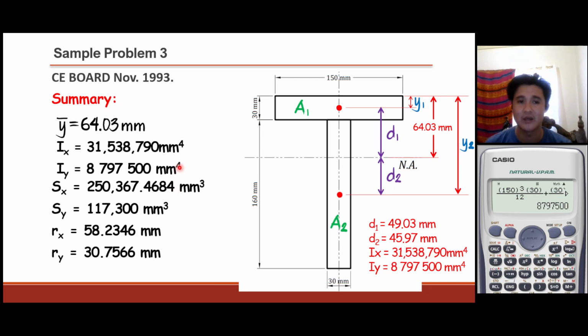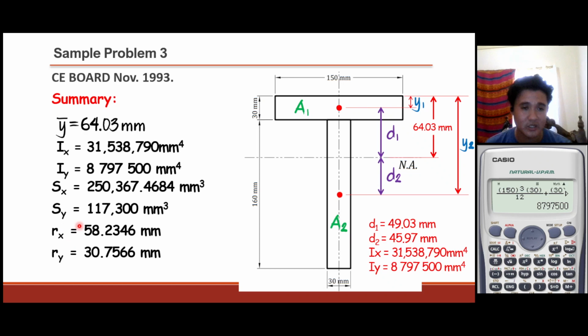So, as a summary, sa mga nakuha nating values. So, yung y bar natin or yung centroid natin, that is 64.03 millimeters. So, yung moment of inertia natin with respect to x, that is 31 million. Moment of inertia with respect to y, 8.7 million. Section modulus with respect to x, that is 250,000. Section modulus with respect to y, that is 117,000.